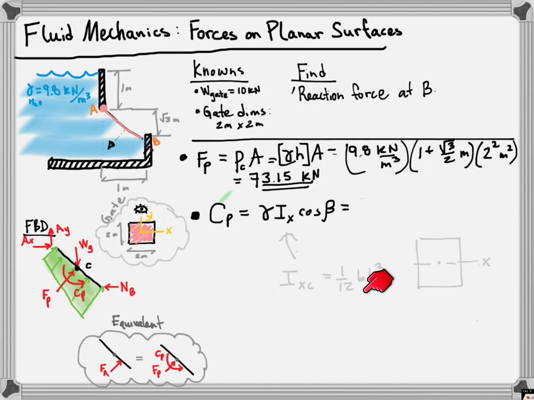It's going to be 1/12 base times height cubed, and we're going to be going from the center horizontal axis here, as defined over here. Okay, now cosine beta is going to be this angle between the surface and the vertical right here, and let's talk about that.